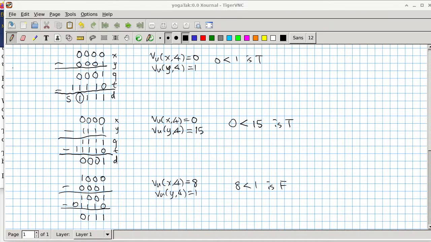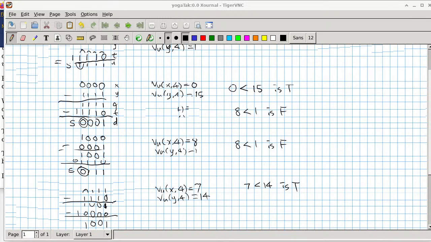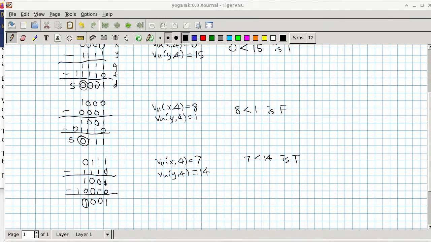With the second example, this is our sign bit. With the third example, this is our sign bit. And with the last example, this is our sign bit. In other words, the sign bit is literally the sign bit of the difference, which is known as D subscript of M minus 1 when M is the width of the integers.